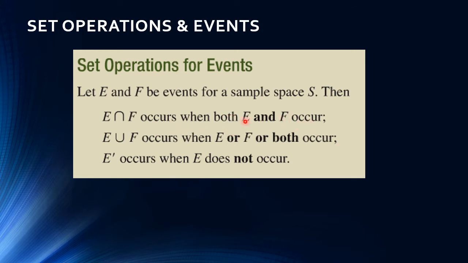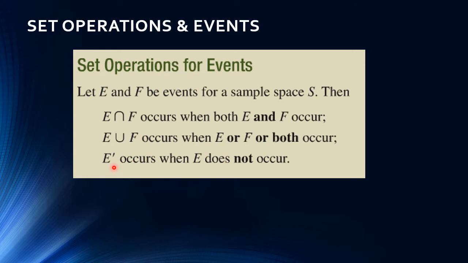So they both have to have the same member. That's the intersection. E union F occurs when E or F or both occur. Union is or, intersection is and. So if it's in E, it's part of this. If it's in F alone, it's part of this. If it's in their intersection, it's part of this.